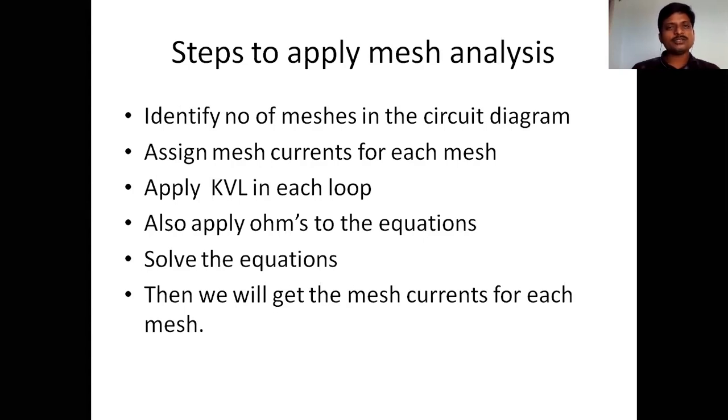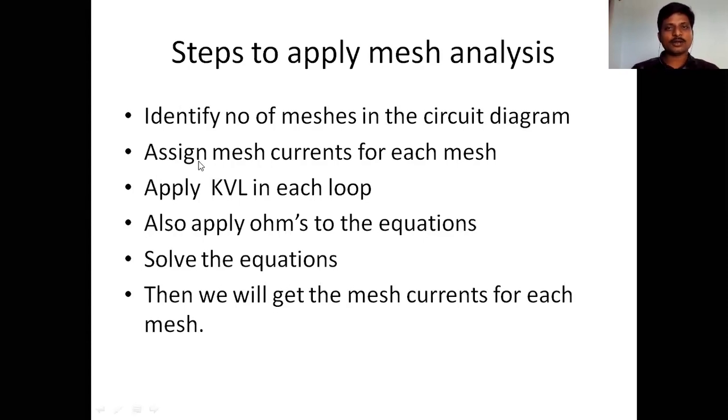Suppose you are applying KVL at mesh 2, then you have to assume that current I2 is greater than all other currents. Like that, you have to assume and write the KVL equation in each mesh. After writing all the mesh equations, we have to solve the equations, then we will get all the mesh currents.